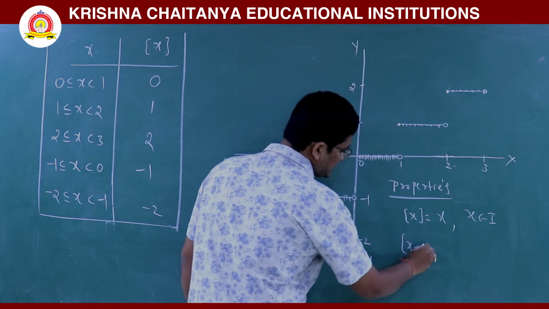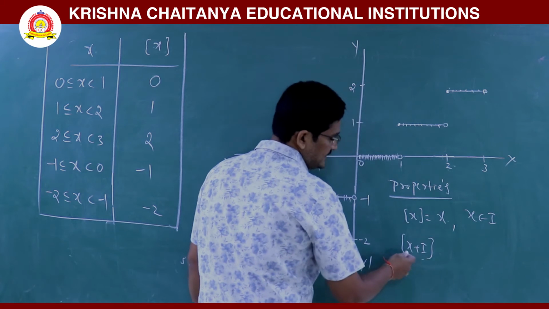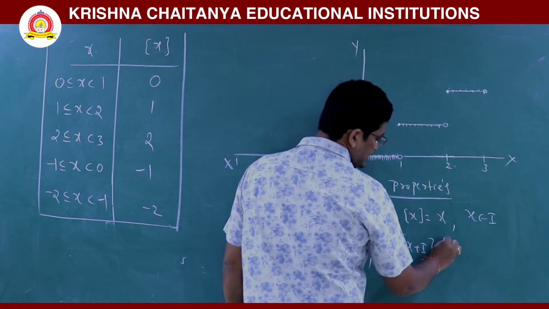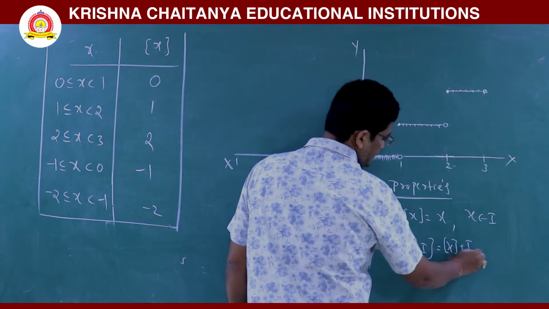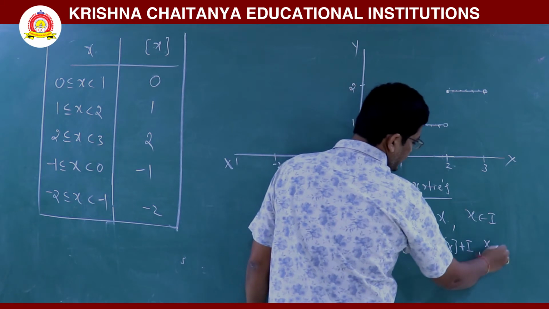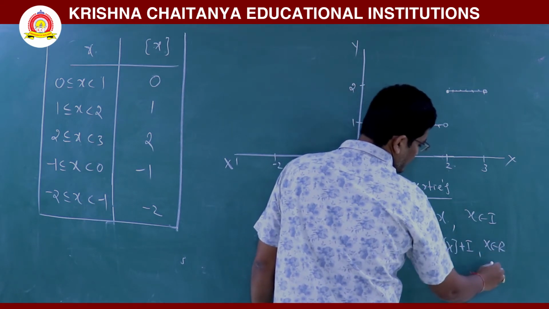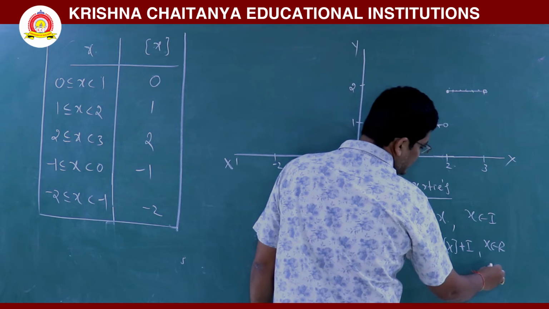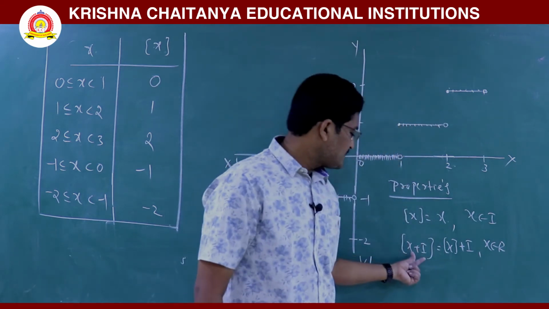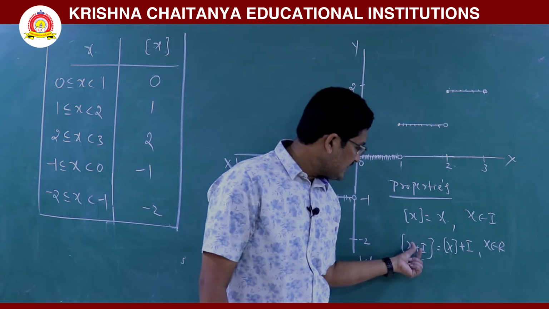Now step of x plus I, where I is an integer and x is a real value. This can be written as step x plus I, where x belongs to R and I is an integer. Listen to me. In step of x plus I, x is a real value.